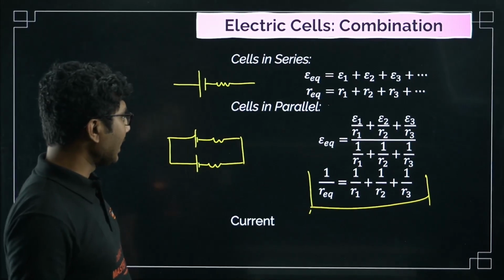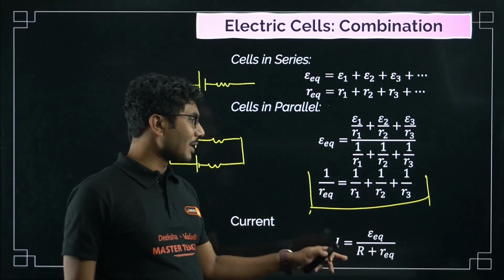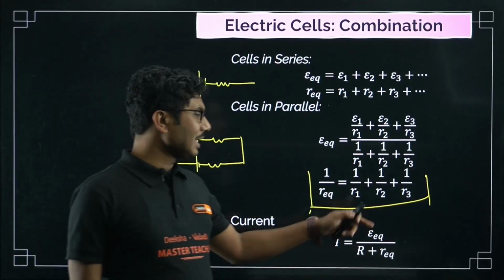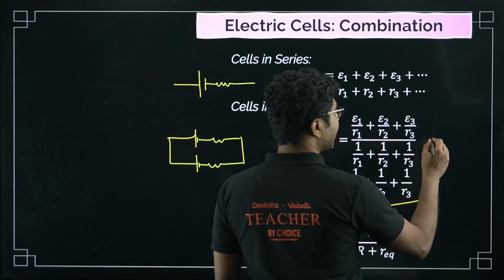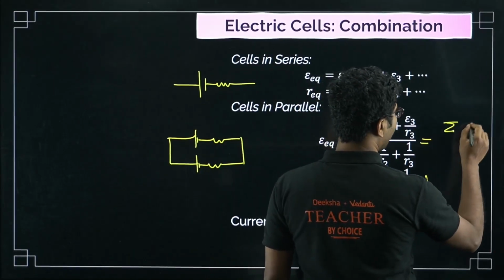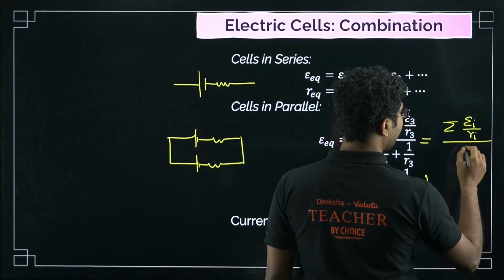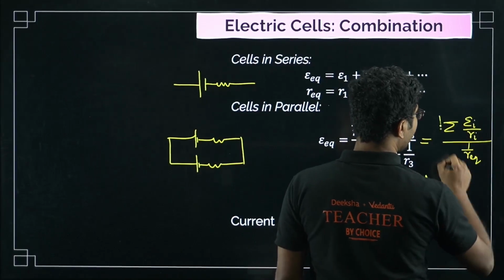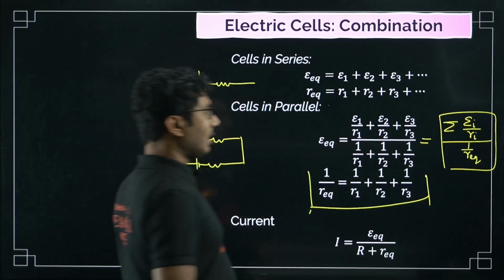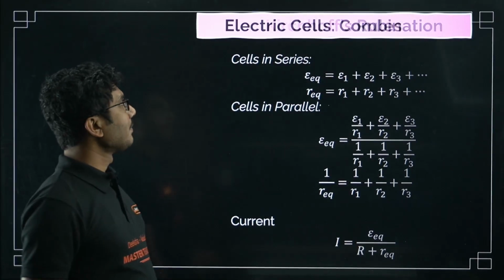Now the current in both cases is basically given by the EMF equivalent divided by the resistance plus R equivalent. Now this can sometimes be written as the sum of epsilon_i by R_i divided by 1 by R equivalent. This is also sometimes another form for cells in series, cells in parallel.